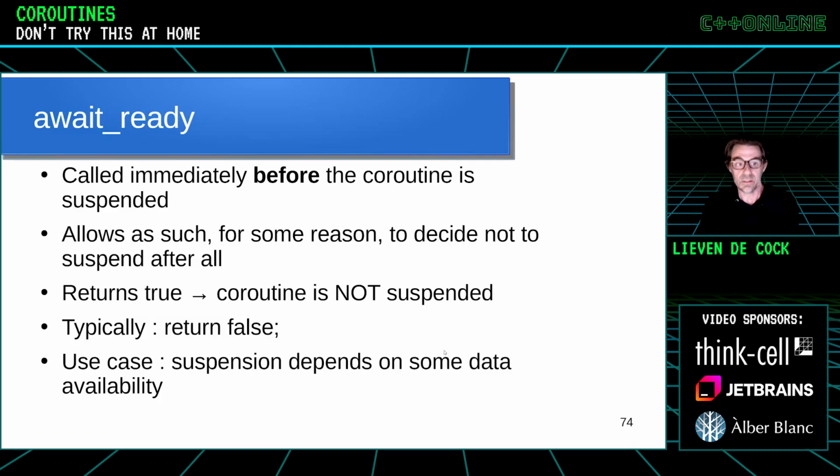Now, you read this as, are you ready? If we're ready, we return true. That means we're actually ready, so maybe we should not suspend. We're ready to do stuff. If we're not ready, then we should suspend. So typically, await ready's implementation will be return false because we want to go for a suspension.